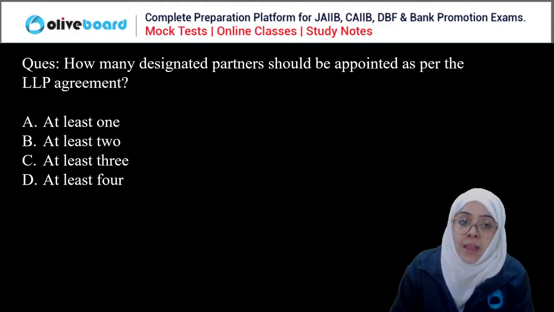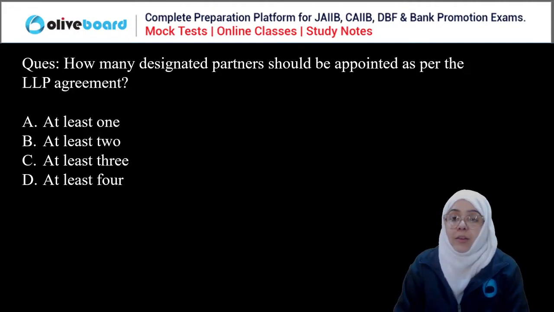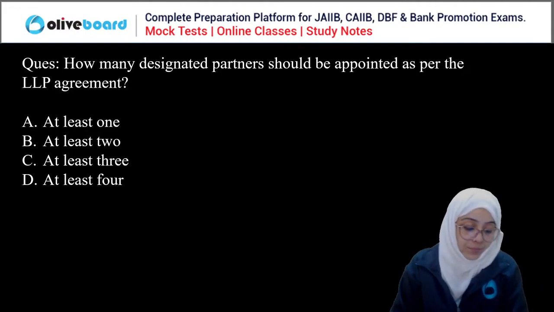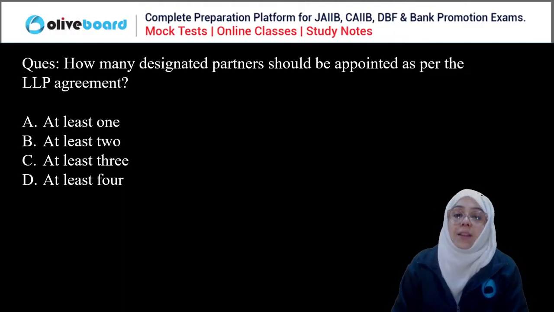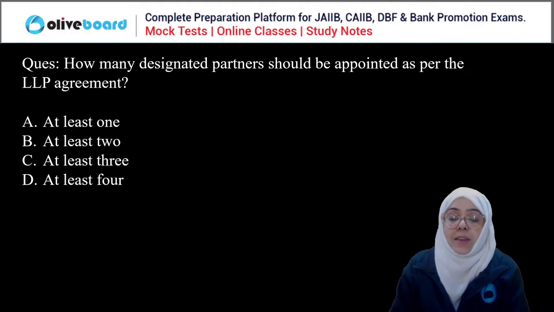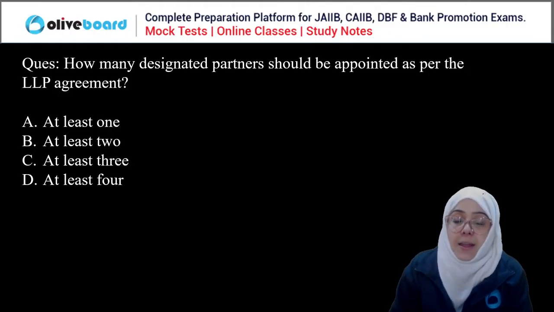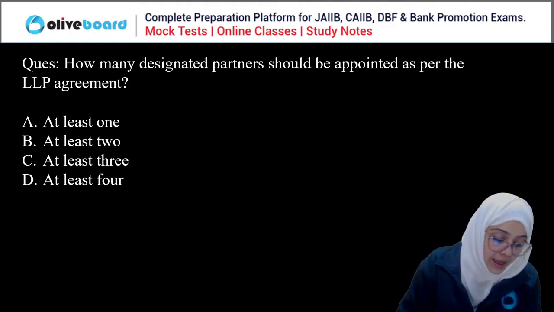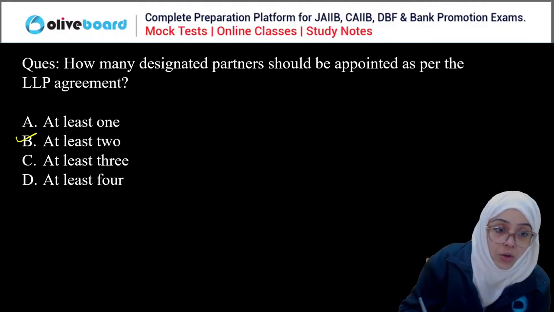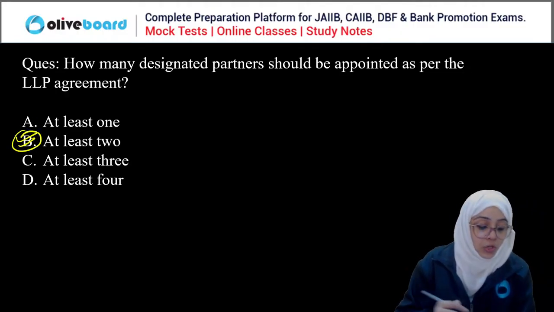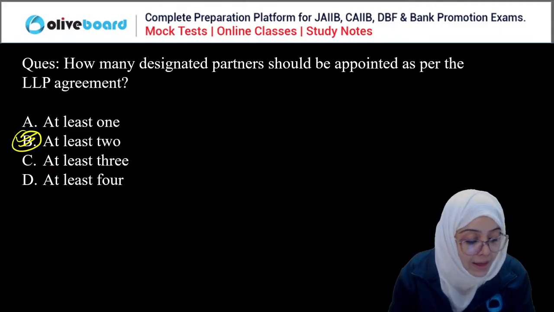At least one, at least two, at least three, at least four. How many designated partners should be appointed in an LLP? At least two, right? Good. Sunil, Shirish, Rigved, Gopal, Sanjay.